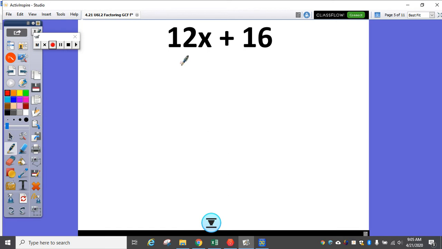We've done this before. We have found out what the largest divisor is between 12 and 16. What's the largest number that will go into 12 and 16? Anybody know? 4. 4 is the largest number that will go into 12 and 16. So we will take a 4 out.